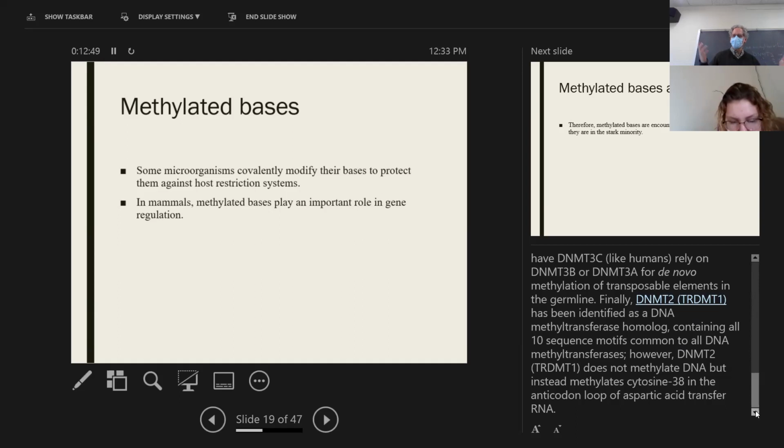Go figure. So 3A, 3B and 3L are all de novo. This one seems to work with these to increase their activity.